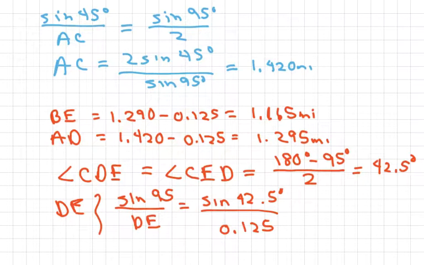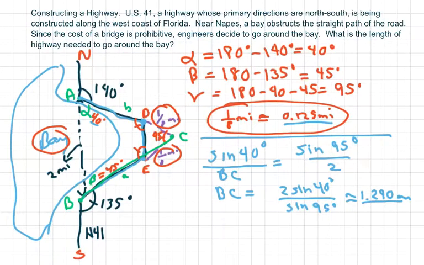And when you cross multiply and everything, you're going to get 0.184 miles. All right. Now we have to add everything up. So just remember what DE is. DE is this part here. Now we just have to add AD plus DE.